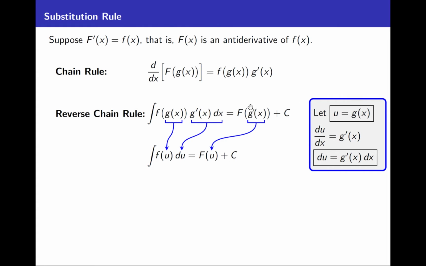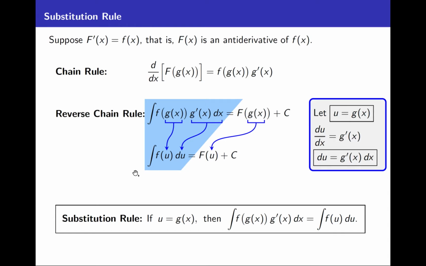So looking at those three equalities, this equals this equals this equals this, tells you that, sure enough, the integral of f of g of x times g prime of x dx is equal to the integral of f of u du. And the equality that's in blue here, that's what we call the substitution rule.